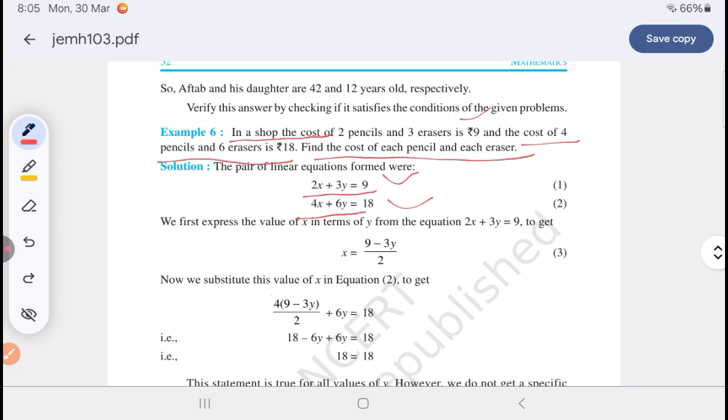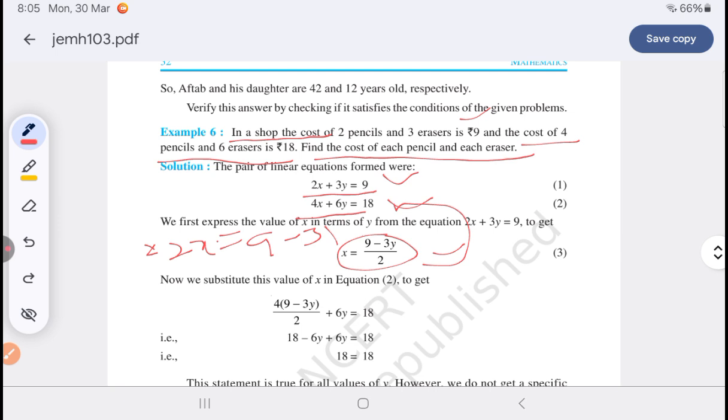So first express x from equation 1. See, from equation 1, 2x equal to 9 minus 3y. Then x equal to (9 minus 3y) by 2. This is x.